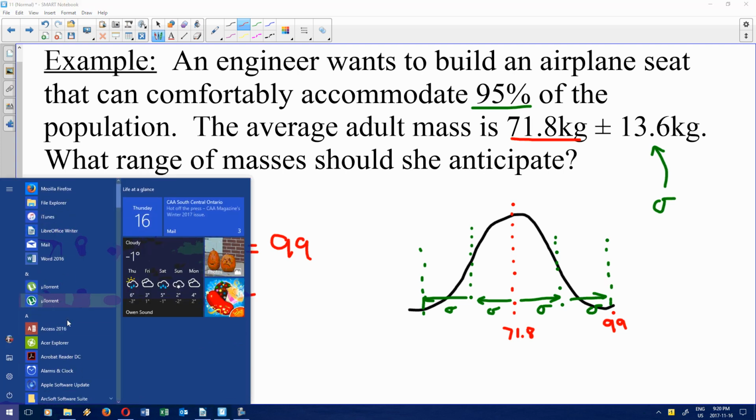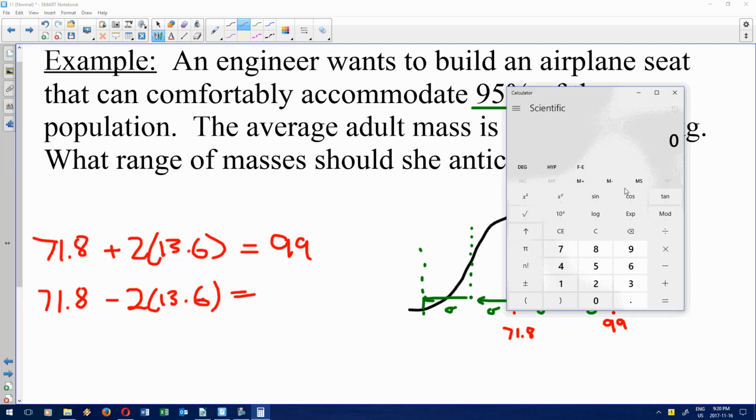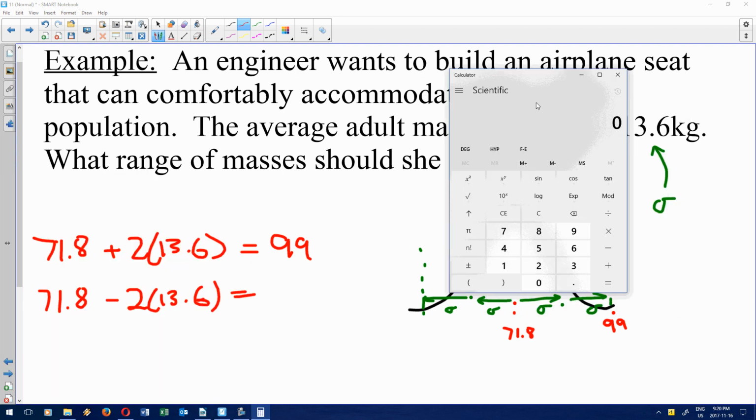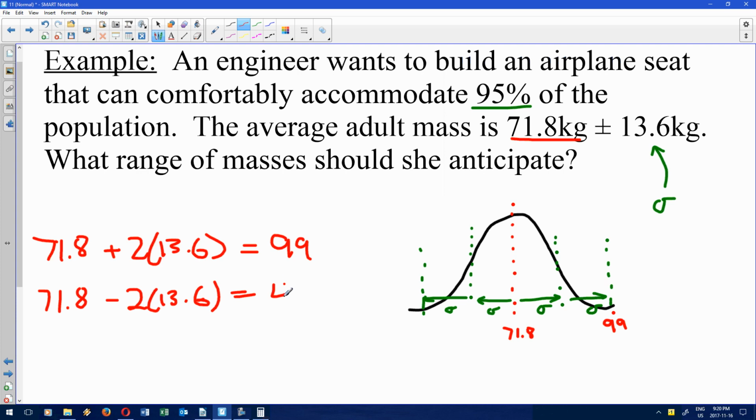And I'm going to grab my calculator for a sec because it's not coming to me. So 71.8 minus 27.2. Okay, 44.6.